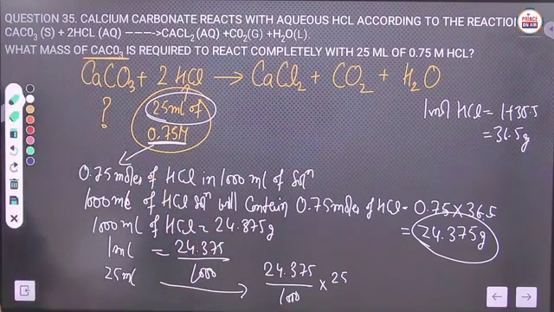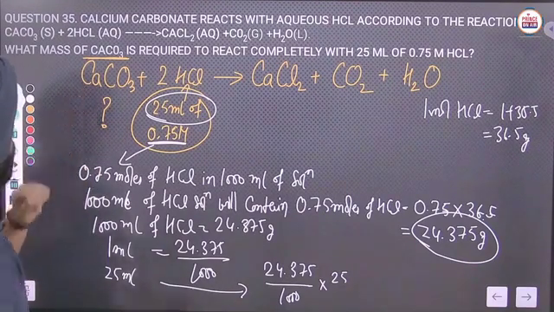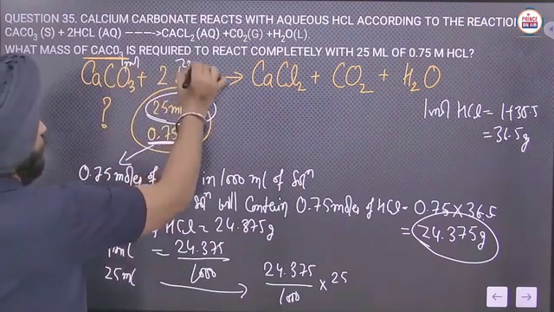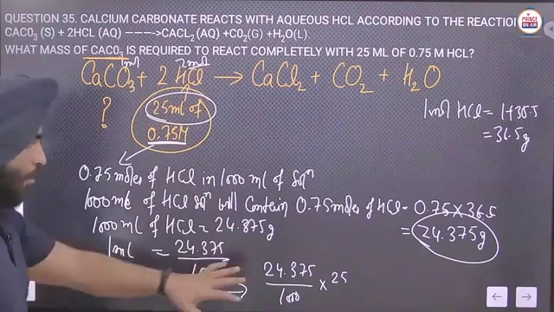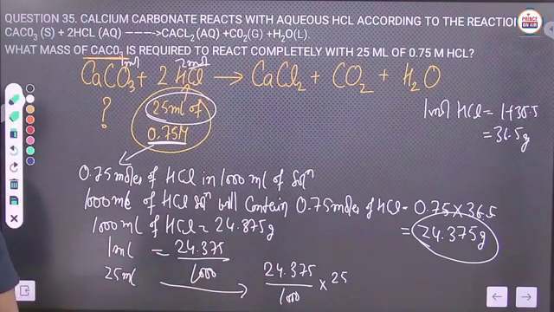Clear? Then what we have to do here: from the equation you can see we need only 1 mole of CaCO3, while here it is 2 moles of HCl. Now the given mass we got comes out to be approximately 0.6844 gram.